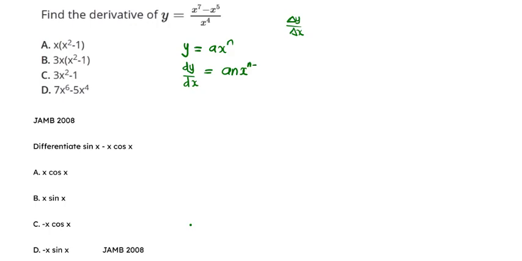A typical example, let's say we have y equals 8x raised to power 5, and you want to differentiate this. To find dy/dx, it is just going to be the 5 multiplied by the 8, then you reduce the power by 1, so 5 minus 1. So you are going to get 40x raised to power 4. So that is the basic idea of differentiation.